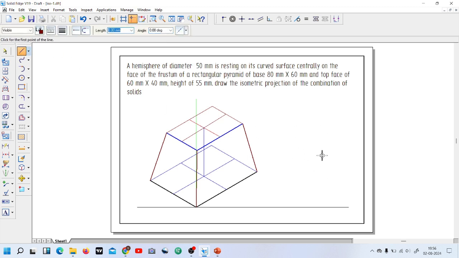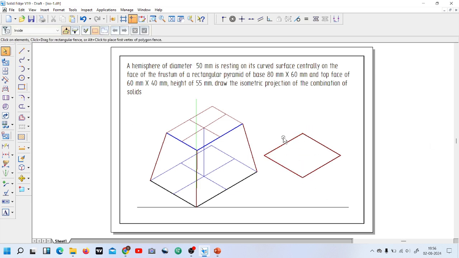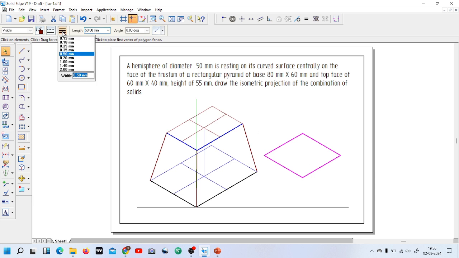Again I will draw this one on the side, because when you start drawing over one another you are going to get confusion. So I am going to draw here at the side: 50 mm at 30 degrees, again 50 mm at 150 degrees, 50 mm at minus 150 degrees, sorry, minus 50 mm at minus 150 degrees. Let us close here. Let us make very thin lines here.